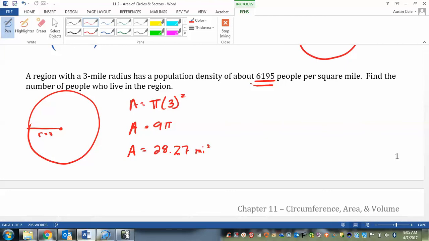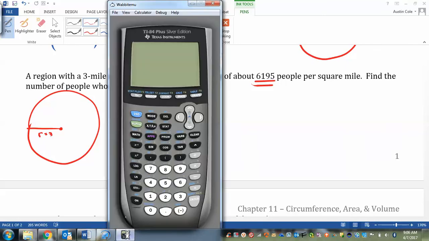How many square miles are in here? I just have to multiply them together. Hey, if I said I'm going to give everyone in here $100, I better take the $100 times however many people are in here, right? For every 1 square mile, there's 6,195 people. I better times that by my square mileage. Just multiplying them together.